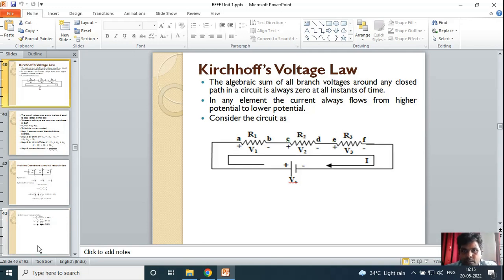In this example, three resistors R1, R2, R3 are considered. The voltage drop across R1 is V1, across R2 is V2, across R3 is V3. So the supply voltage V is equal to the individual voltage drops V1 plus V2 plus V3.